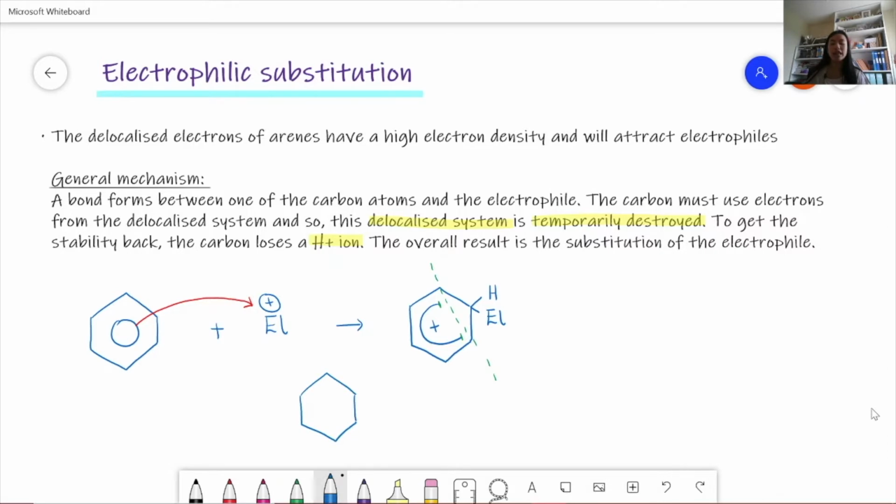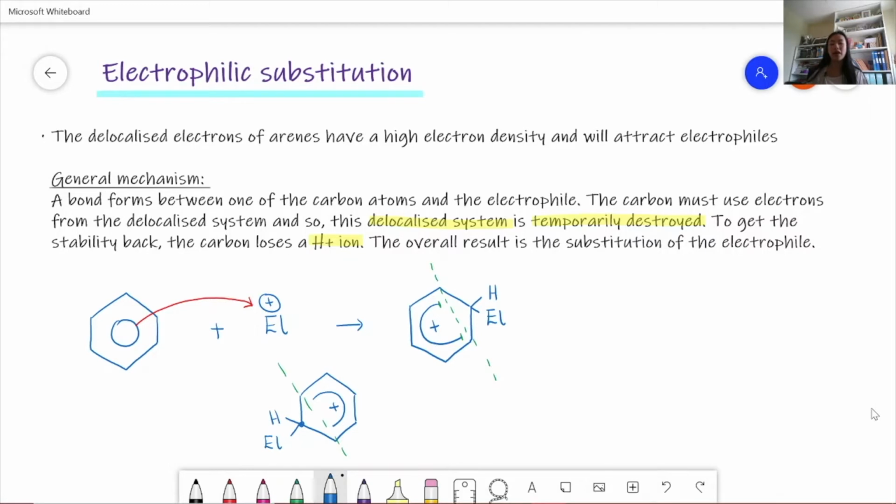And if you wanted to add the electrophile, say, onto this carbon here, so you draw the hydrogen, and if you wanted to add the electrophile here, we then would draw a green line here, and the C that you're drawing can't exceed this green line. So what we would draw would be something like this, and we'd have the positive.